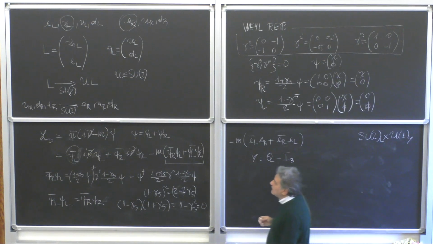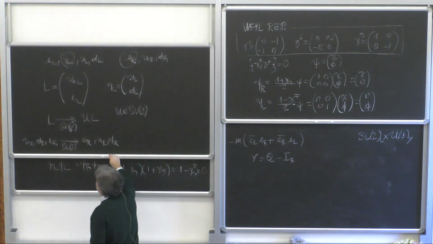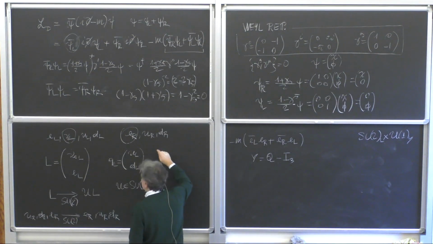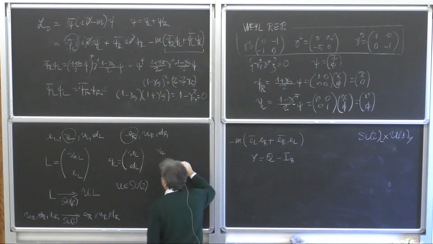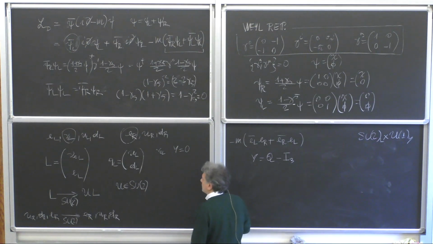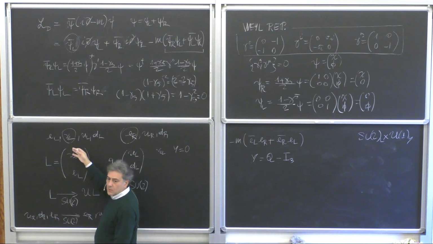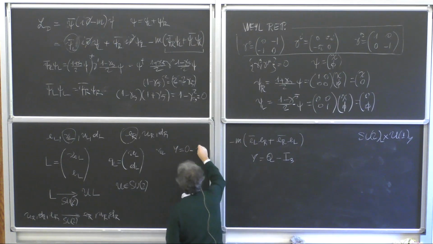Now let's see for the doublet and the singlets what is the hypercharge. For the neutrino, we have the charge is 0, and the third component of the isospin is plus 1/2, minus 1/2 for the electron. So we get minus 1/2.